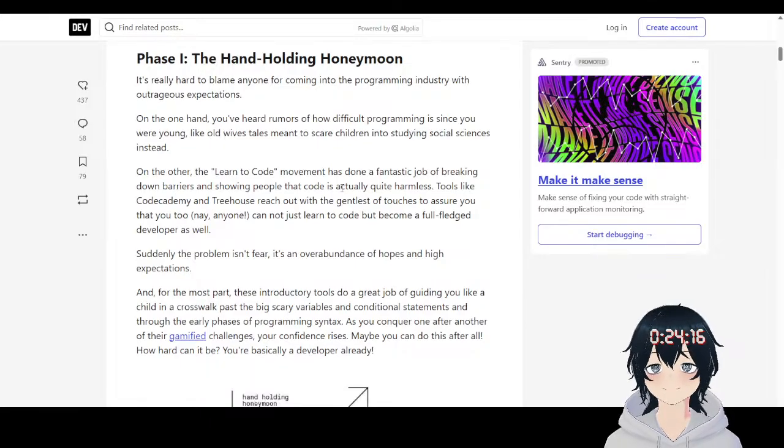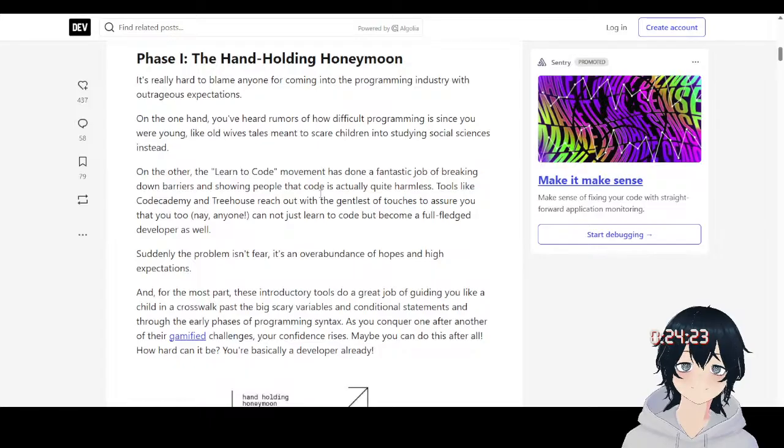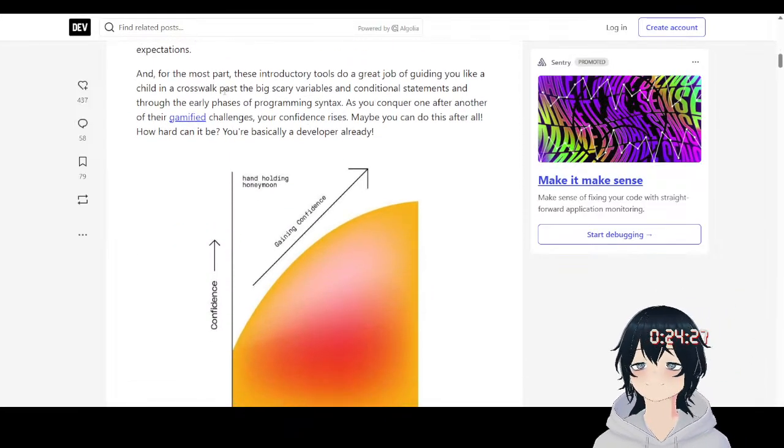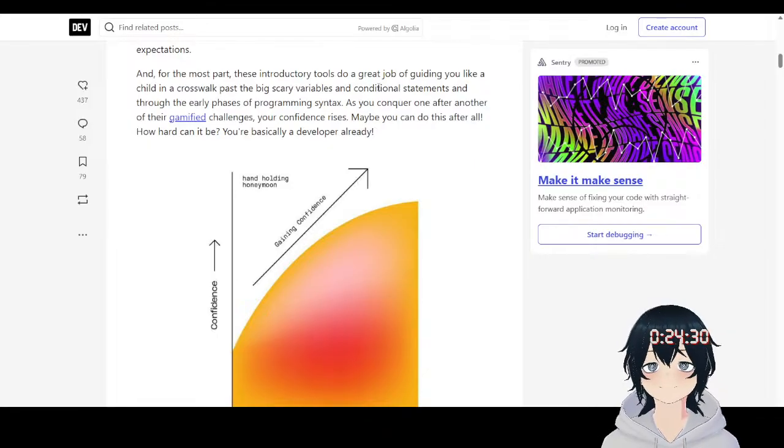Breaking down barriers for people that is actually quite harmless. Also high expectations. To the early phases, yes.